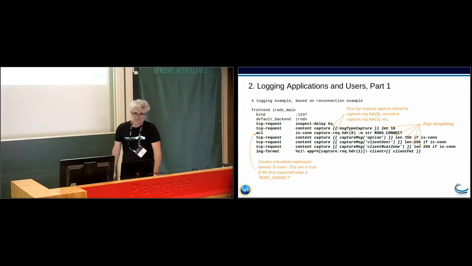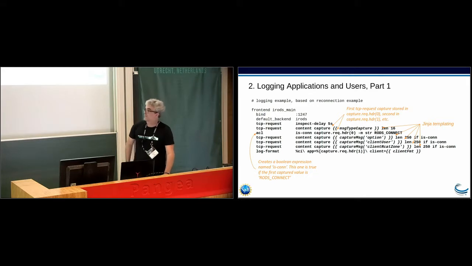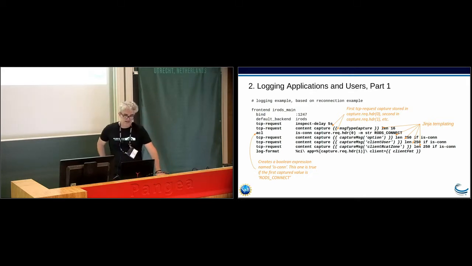So logging, and here's where the Jinja comes out. The basic templating syntax is the double curly braces with a name in there. I tried to make it stand out a little bit more by making it italics. I'll work through to try to explain what's going on here. We have a tcp-request content capture statement in the front end.